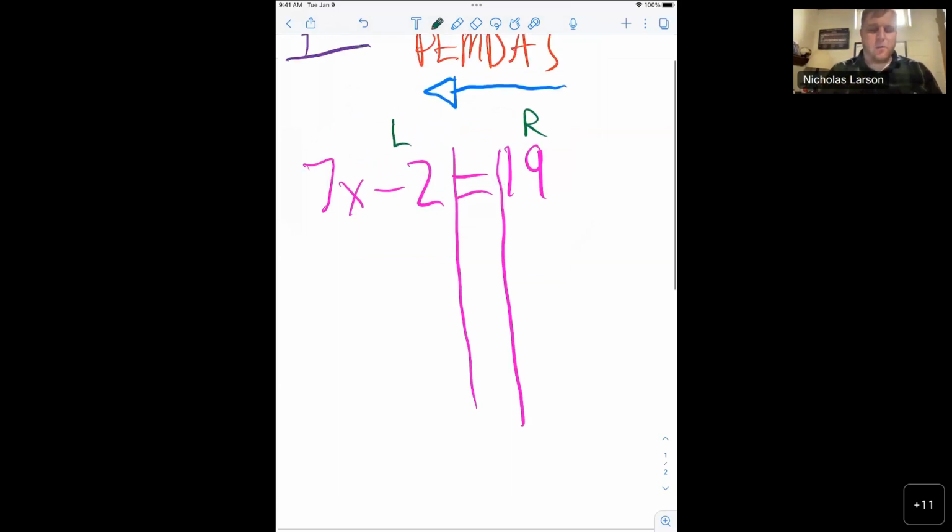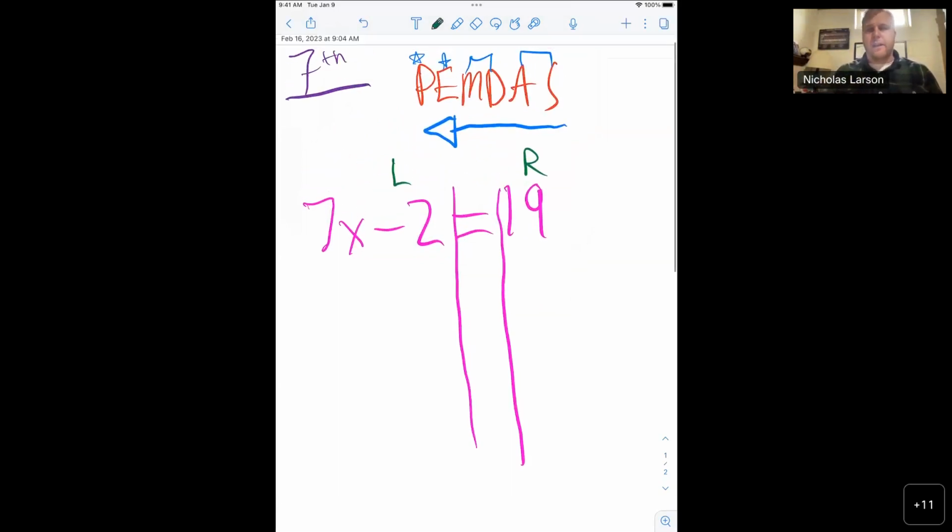So if I think about order of operations and going in reverse order, I have to look at, is there any addition or subtraction that I can undo? I see that I have a -2.